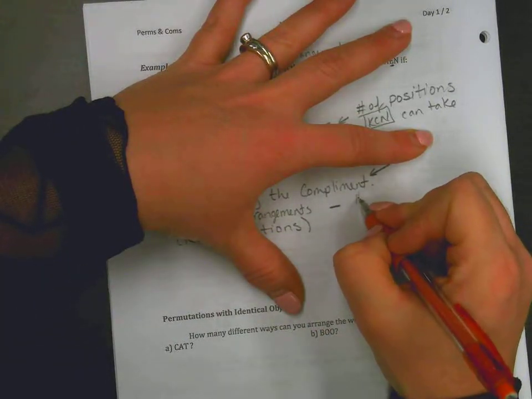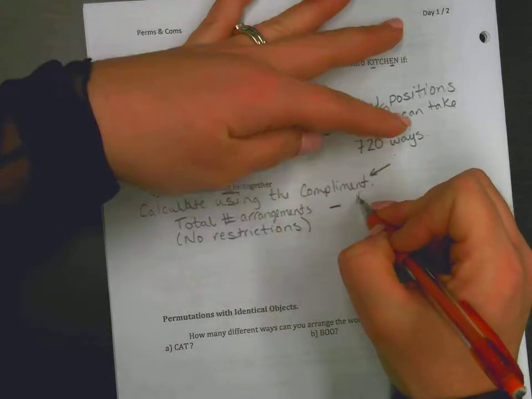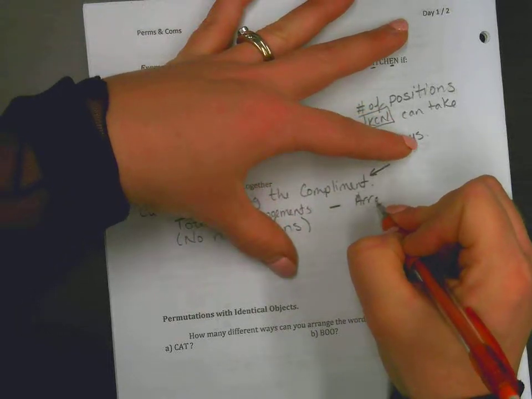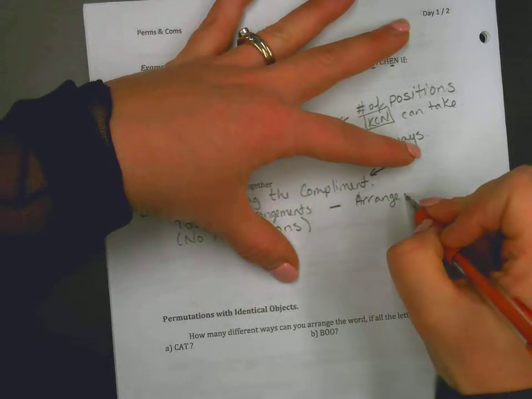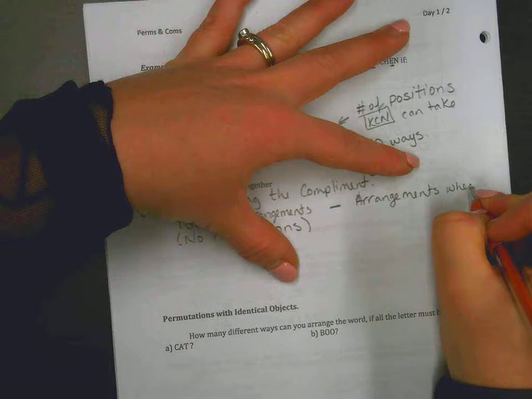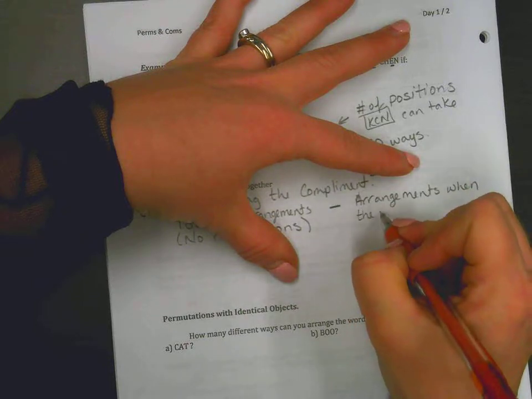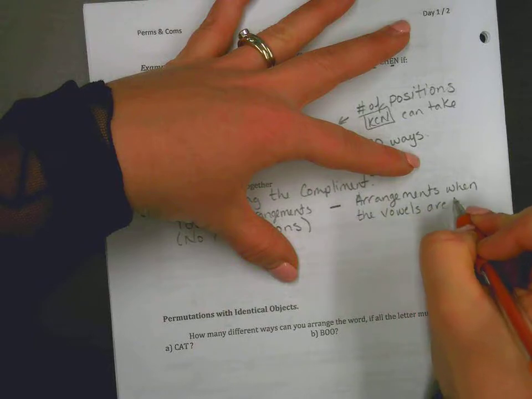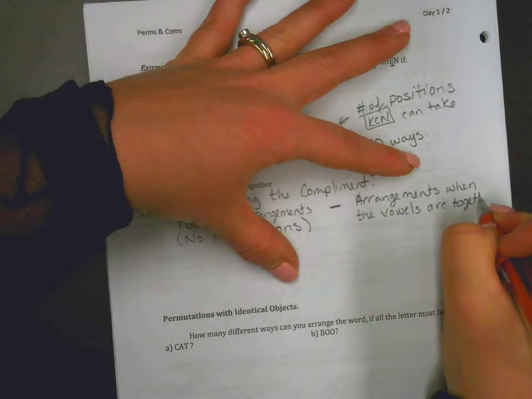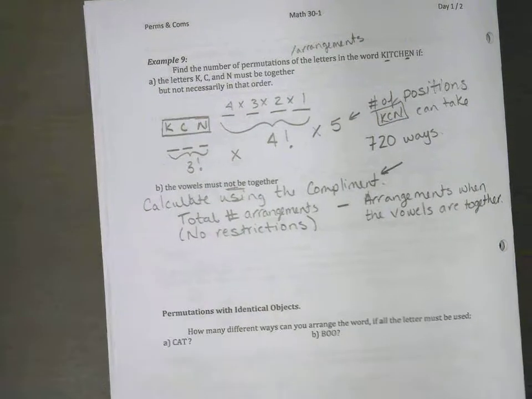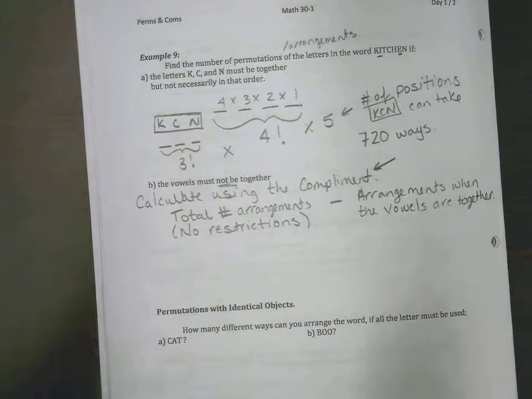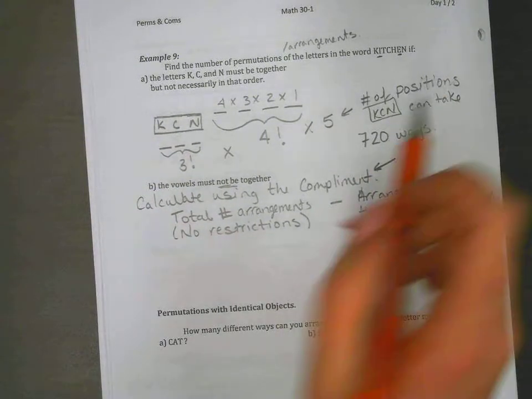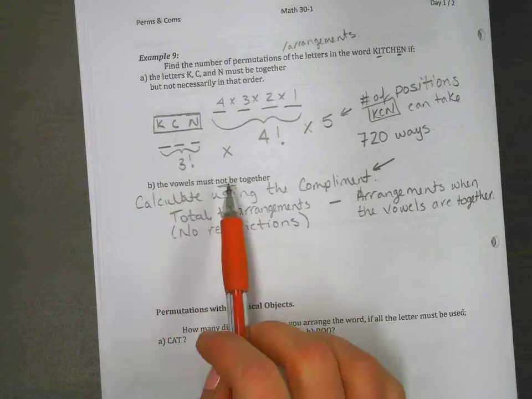So we're going to take away the arrangements when the vowels are together. So the complement is calculating the total minus the opposite of what the question's asking. So if we don't want the vowels together, we're going to figure out how many arrangements there would be if they were together, and then subtract that from our total.